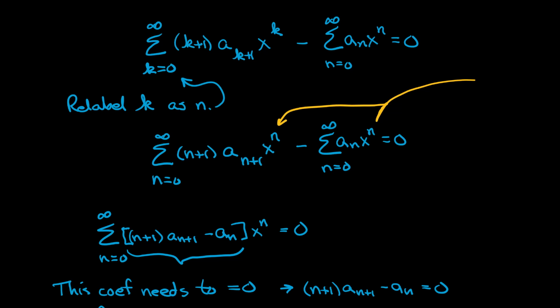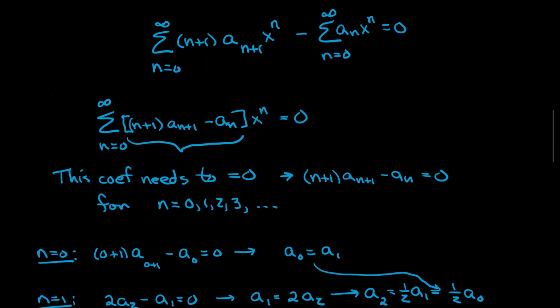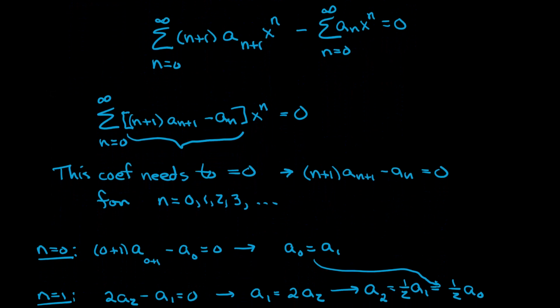This is great because at this point now, we can start term by term adding these two power series together. Now remember, on every term, we're going to have something that looks like n plus 1, a sub n plus 1.